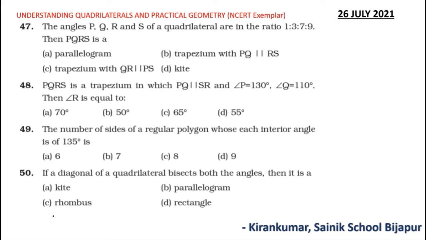Question number 47. The angles P, Q, R and S are in the ratio 1:3:7:9. Find each of the angles here. We will come to know that 18 degrees is the lowest angle. The next angle is 54 degrees. Next is 126 degrees.